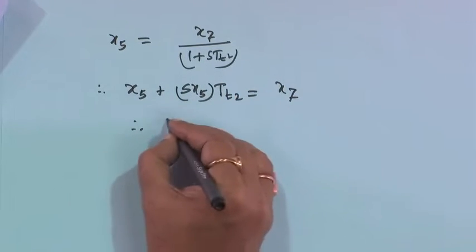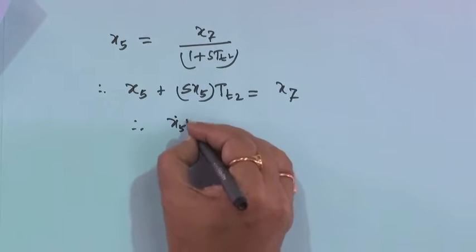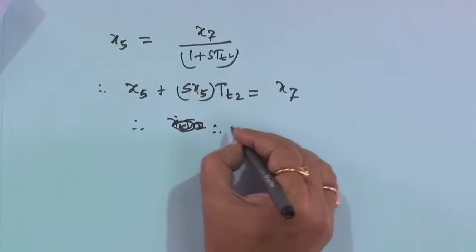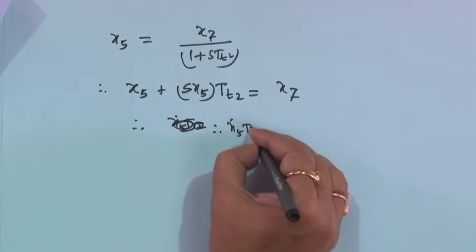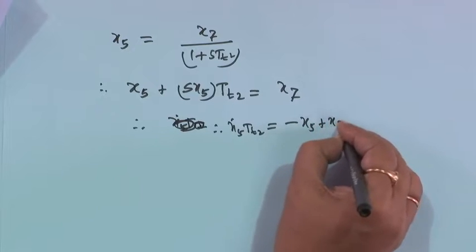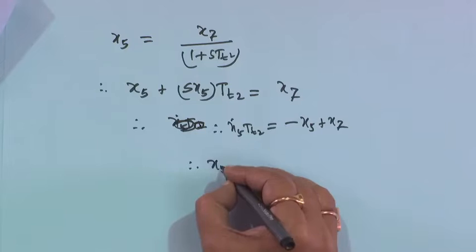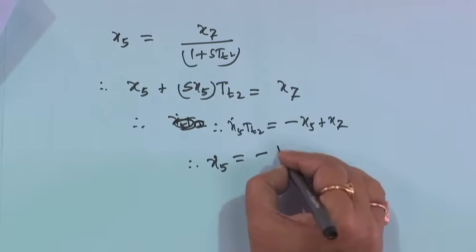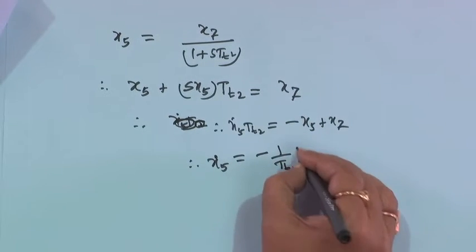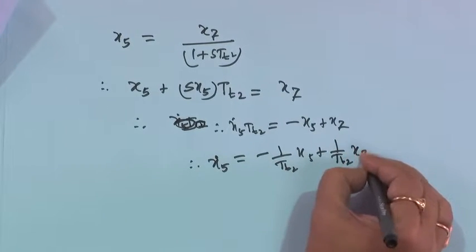That means, this is your x5 dot, x5 dot T_T2 is equal to minus x5 plus x7, right. Therefore, x5 dot is equal to minus 1 upon T_T2 x5 plus 1 upon T_T2 x7, right.